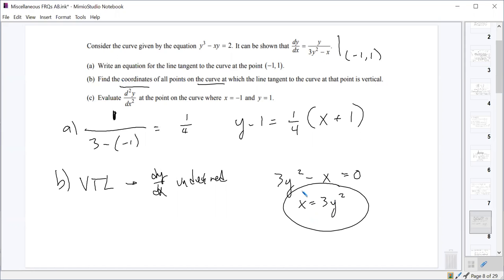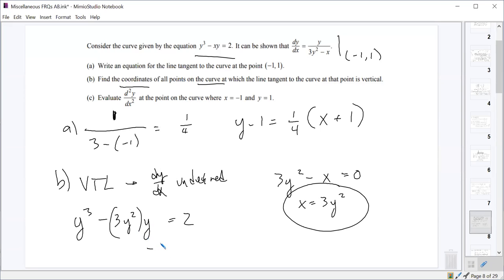How do we determine on the curve that we're given when x is 3y squared? Let's plug in x equals 3y squared for x in the original equation. What does that give us? It gives us y cubed minus 3y cubed equals 2.